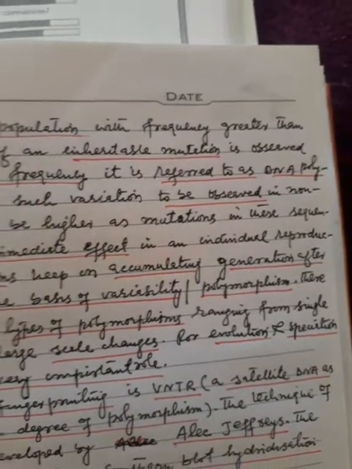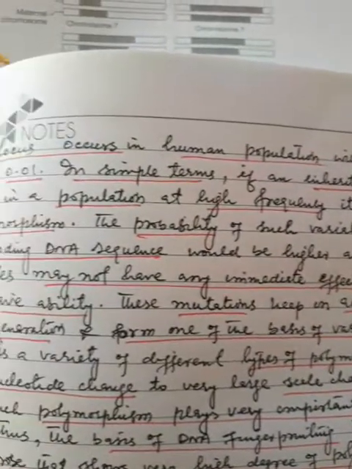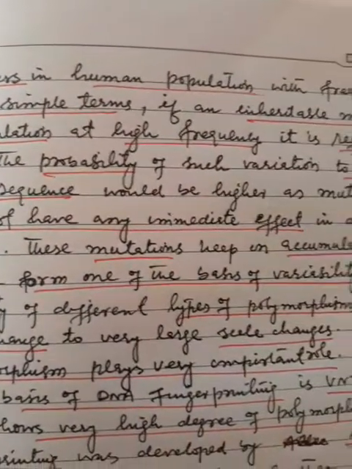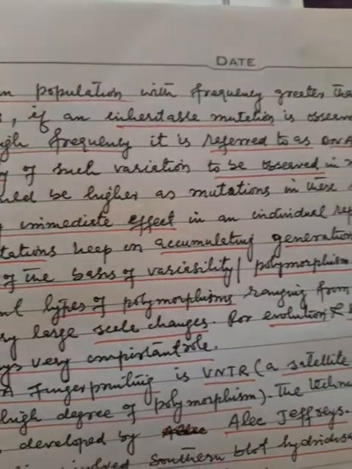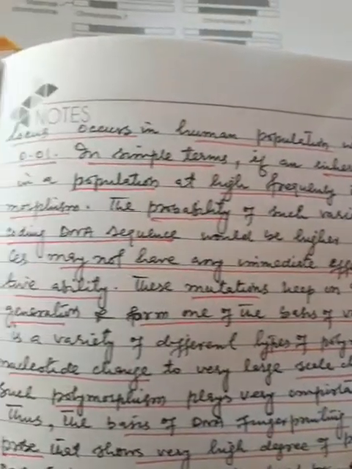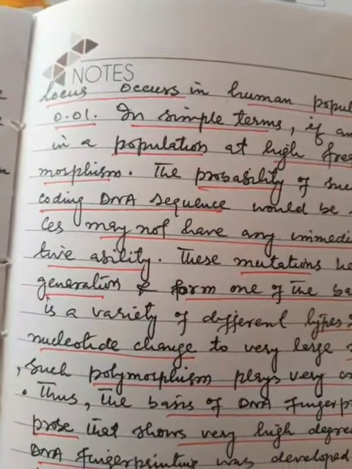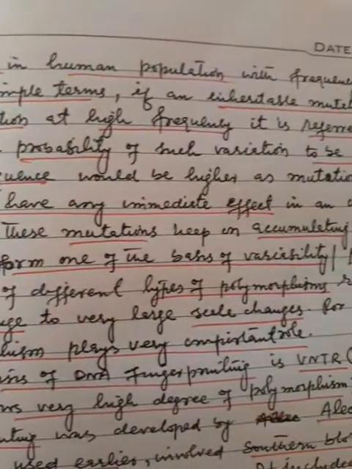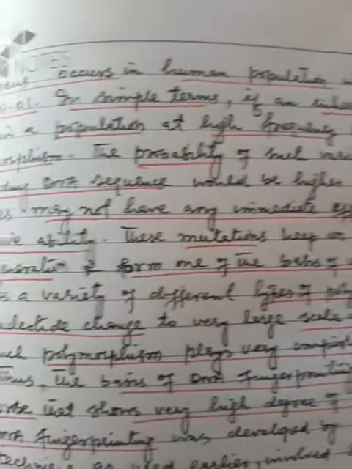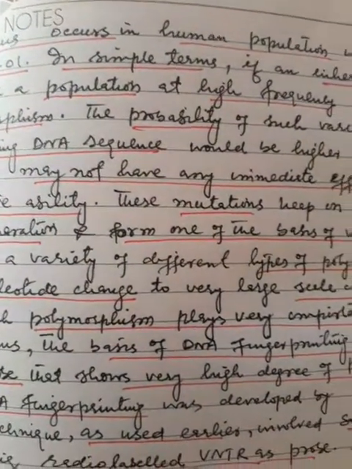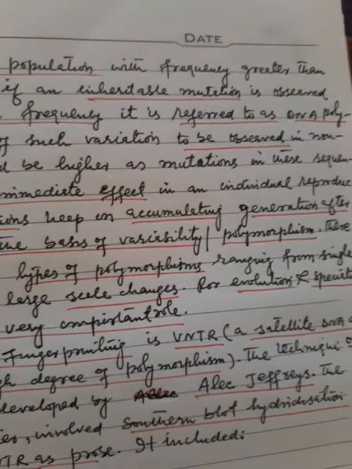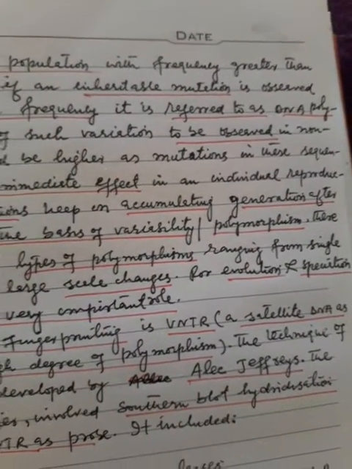in these sequences may not have any immediate effect on an individual's reproductive ability. These mutations keep on accumulating generation after generation and form one of the bases of variability or polymorphism.